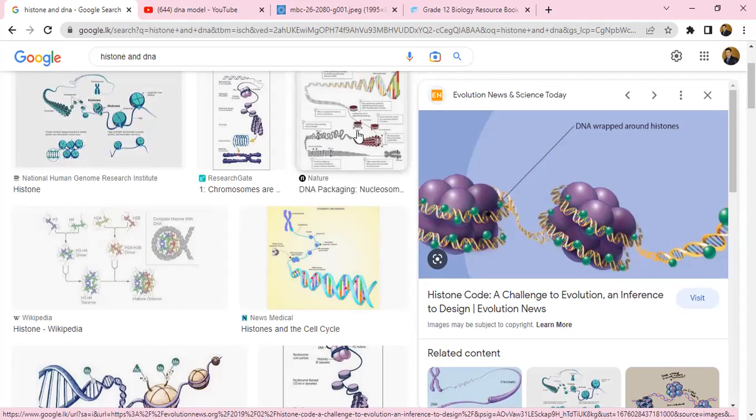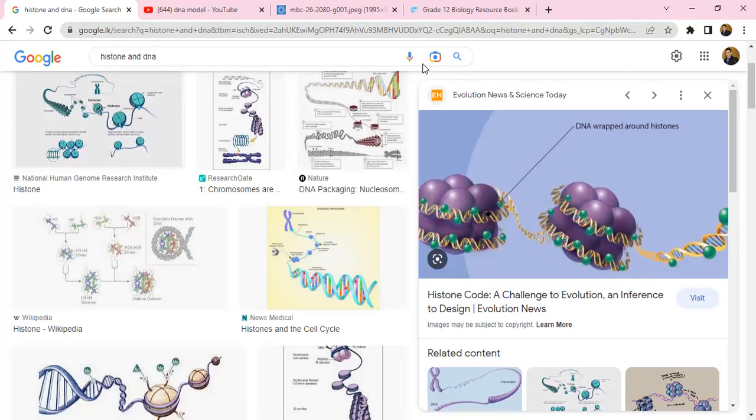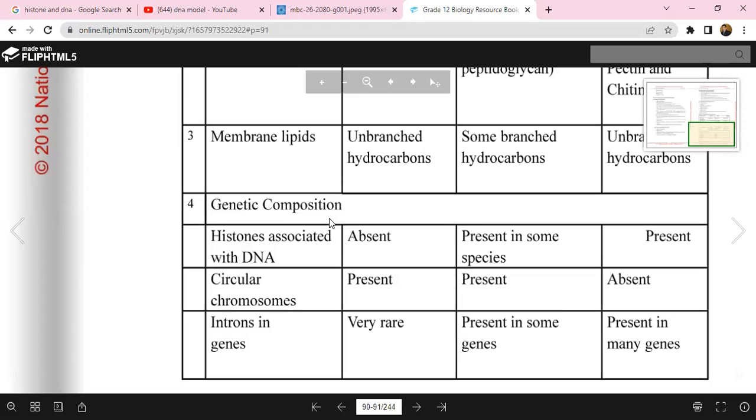Present in some genes, correct? Okay, some species or some genes, which is right? Some species, not some genes.